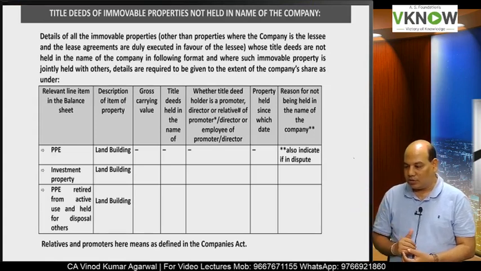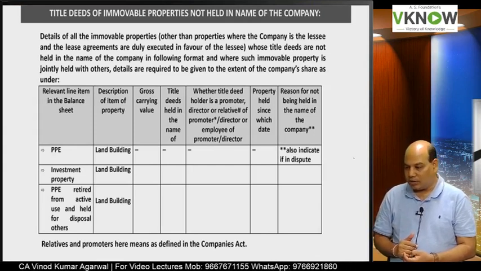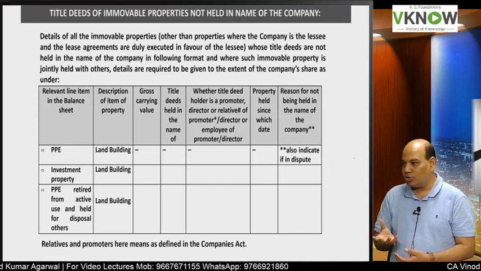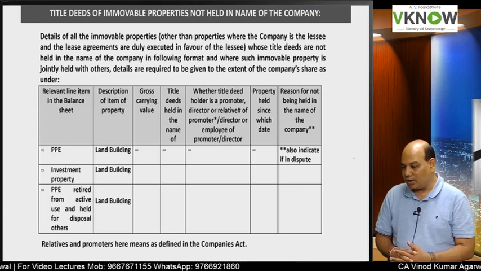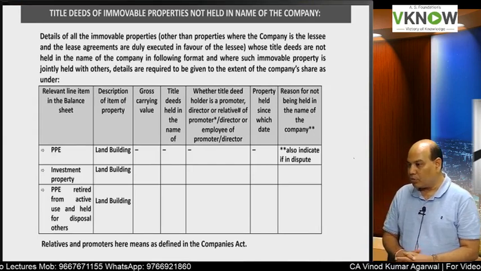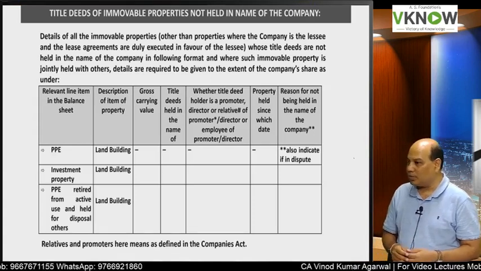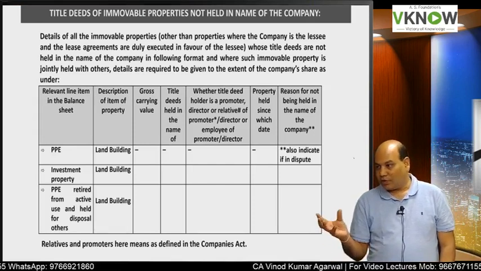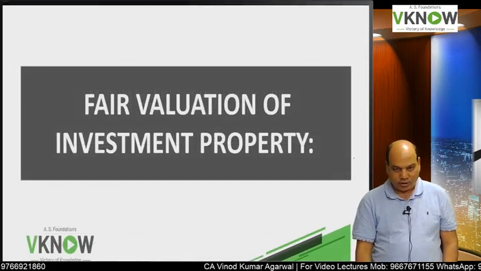Relevant line item in the balance sheet, then description of that property, for example land and building, gross carrying value, title deeds held in the name of whom, the name of that party, and whether that party is a promoter, director, relative of promoter or director, or employee of promoter or director, property held since which date, and reason for not holding in the name of the company. There can be a genuine reason also, and also indicate if there is any dispute. Relative and promoter are defined in the Companies Act.